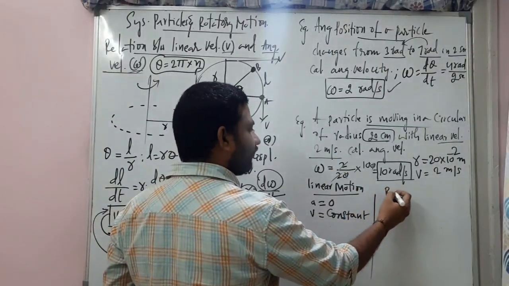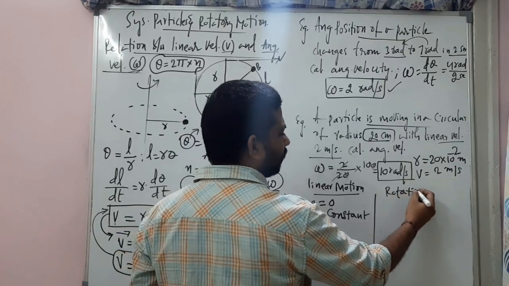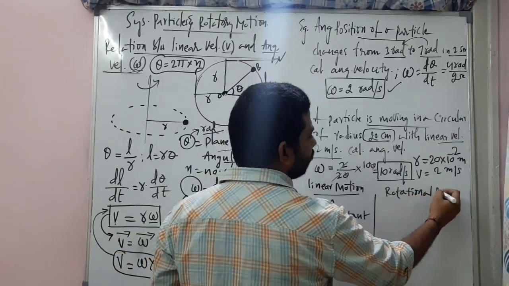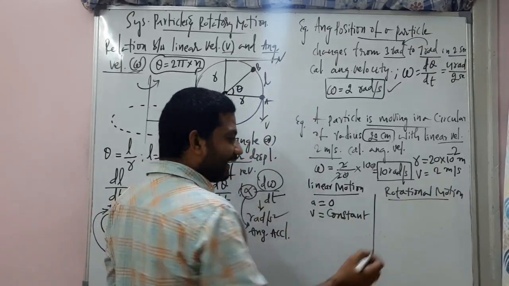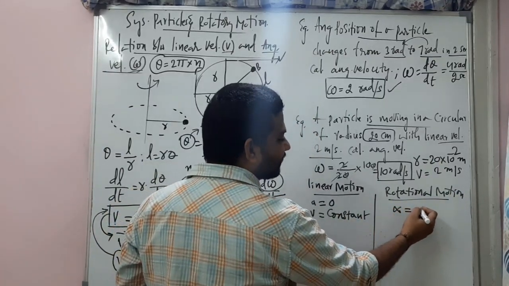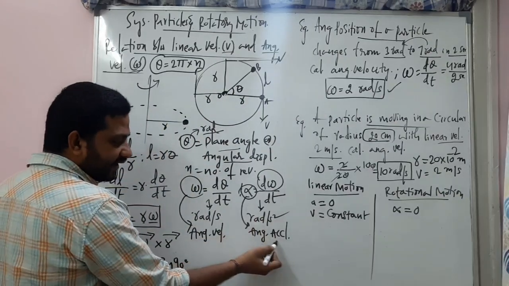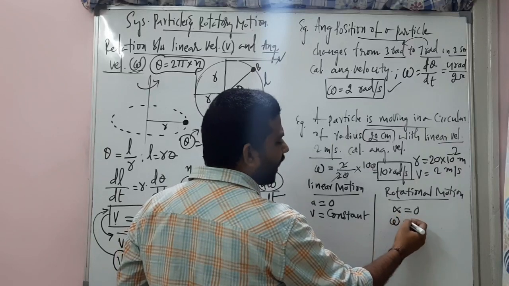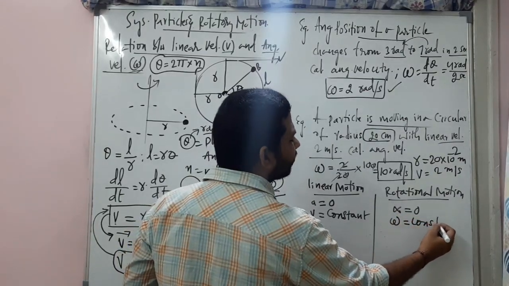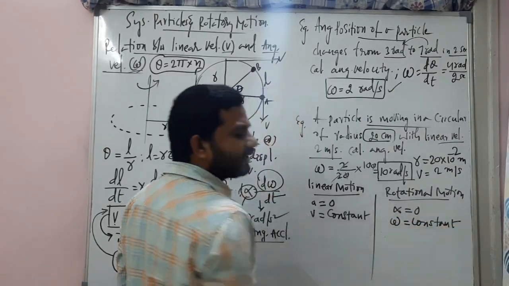In the case of rotational motion, if I write angular acceleration is 0, definitely I must write angular velocity is constant. Yes or no? You all agree or not?